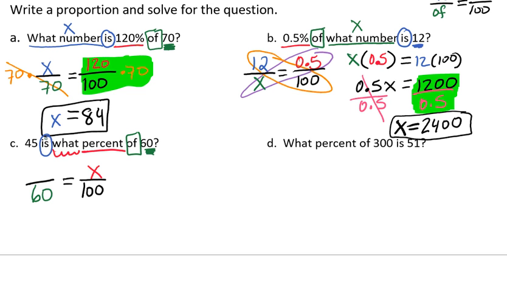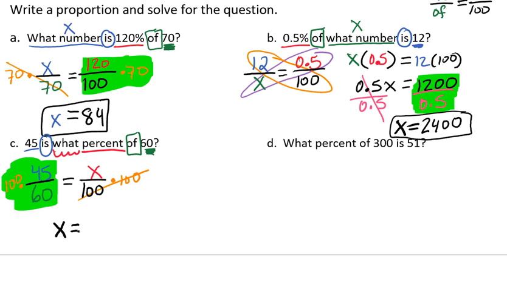We're going to find our is, and it says that 45 is our is. Here we can see that the x is in the numerator, which means that we just need to get rid of that 100. If we multiply both sides by 100, we'll cancel out those 100s, and then we can plug this into the calculator to get our final answer of what x equals.